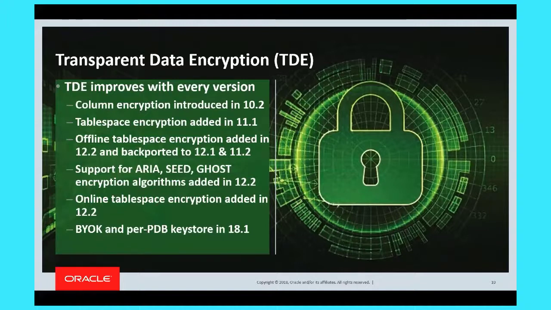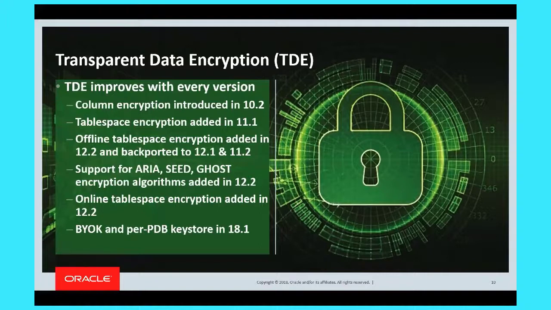We added support for offline conversion of table spaces from unencrypted to encrypted in 12.2, and then backported that all the way to 11.2. We added support for non-US encryption algorithms like ARIA, SEED, and GOST in 12.2.